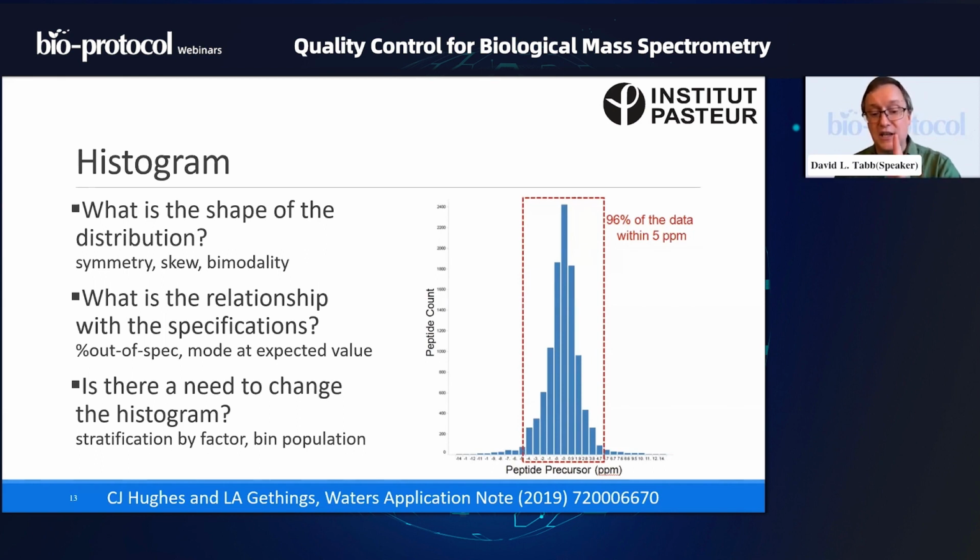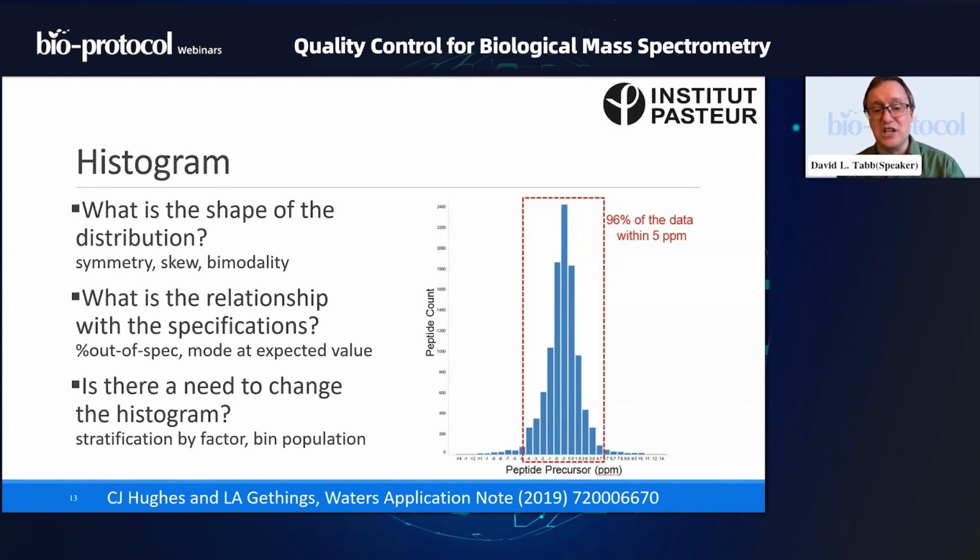Does this fall right at the expected value? If we have the distribution, do we find that the center is where it should be for this particular metric? Maybe a mass accuracy difference of 0 for the observed versus the theoretical mass of peptides, for example, as we see over at the right.